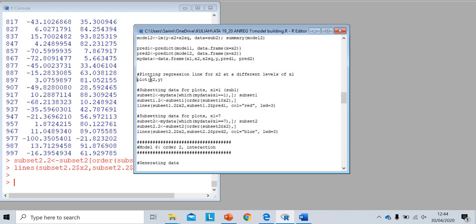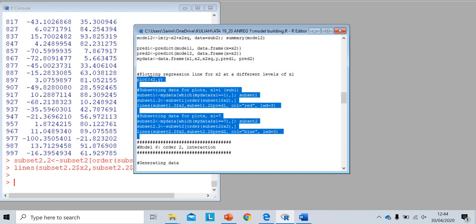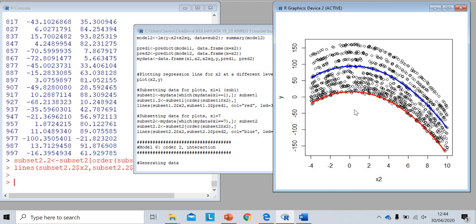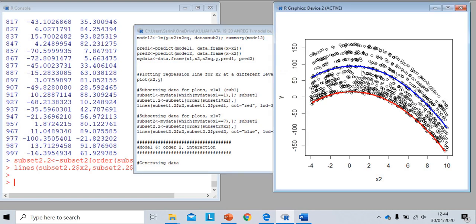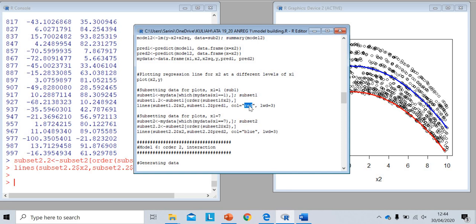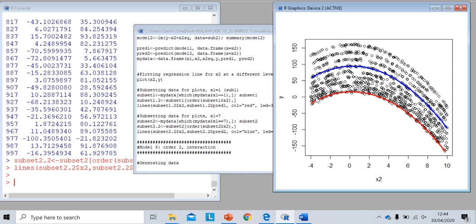Here we have it. So this is x2 and y, and this is the blue line here. The blue line is the fit of x2 and y for x1 equals 7, and then the red line here, red is for subset 1, is for x1 equals 1.